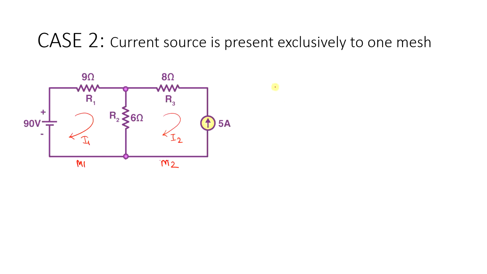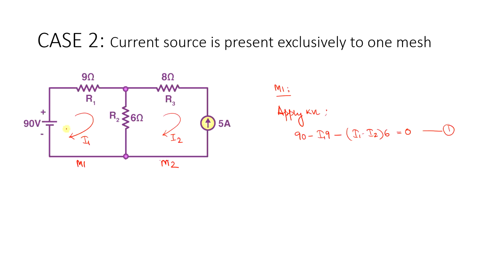So for mesh 1, when I apply KVL, you have 90 minus I1 into 9 ohms minus (I1 minus I2) into 6 equal to 0. So this is my first equation, right?